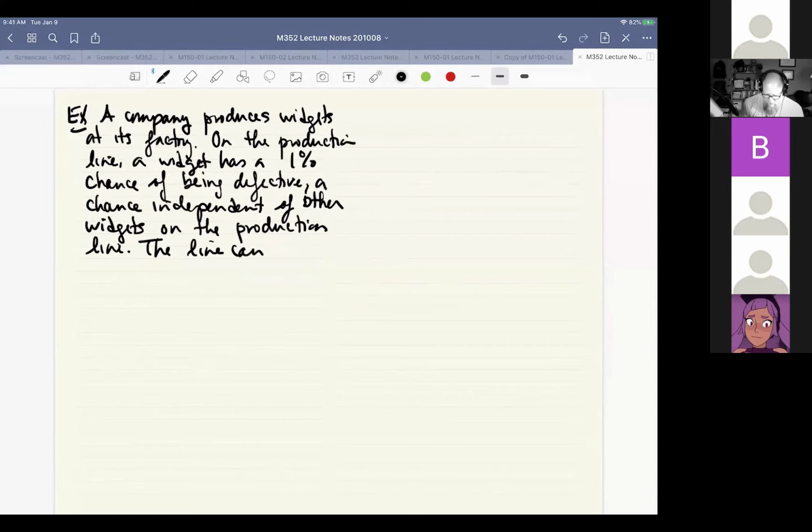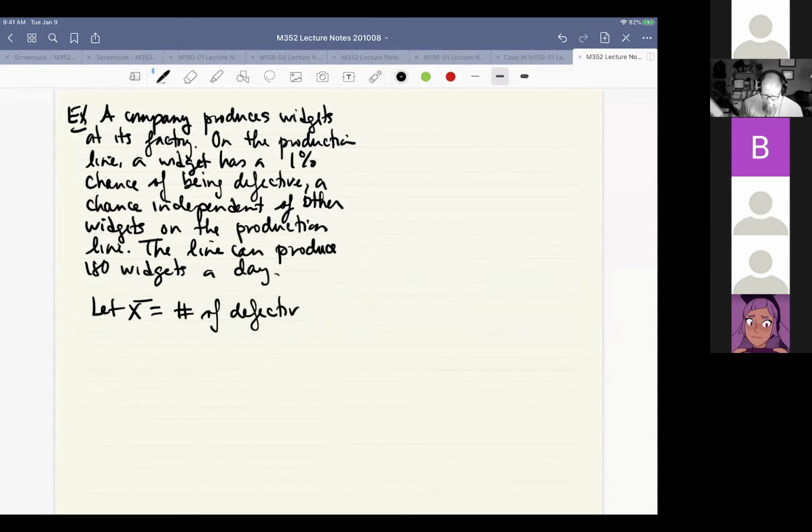The line can produce 180 widgets a day. So if we let x be the number of defective widgets on a given day, then x is a binomial random variable with parameters p equals 1% and n equals 180.